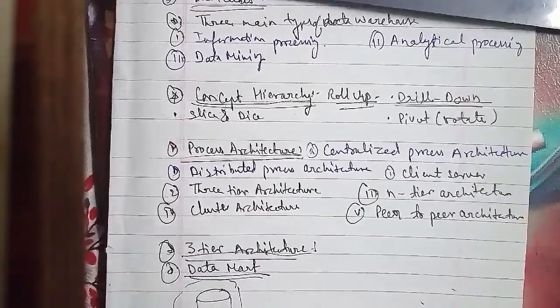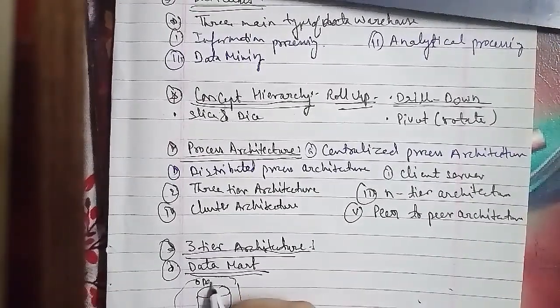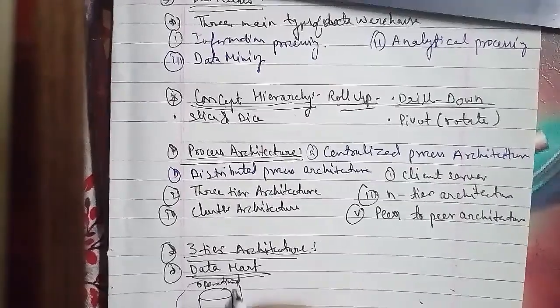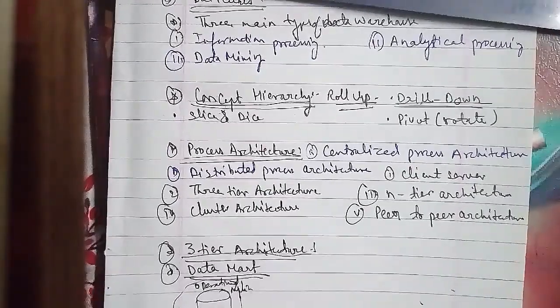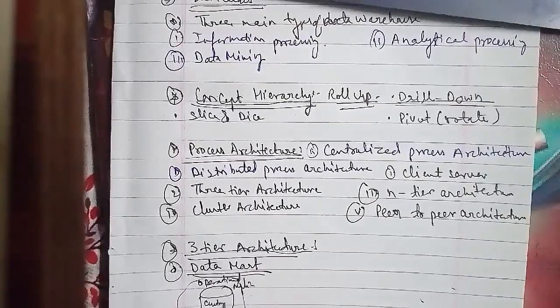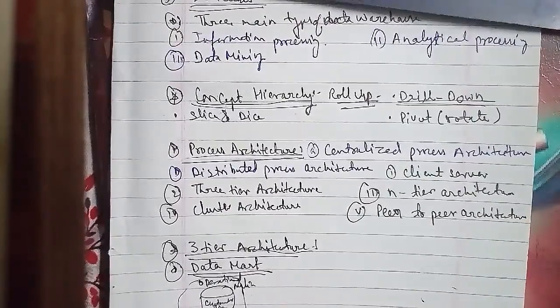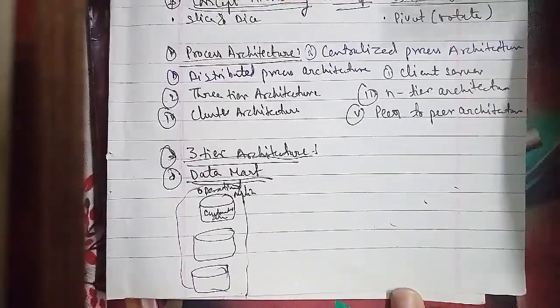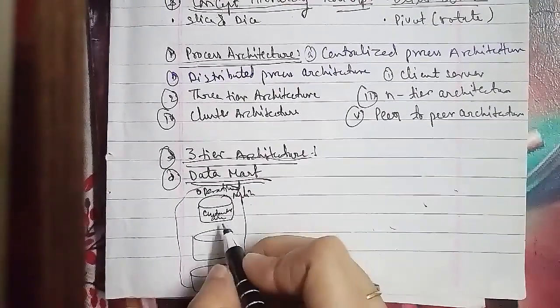data warehouse staging area. Then this is ETL. This is the data warehouse. Then of course we have ETL.